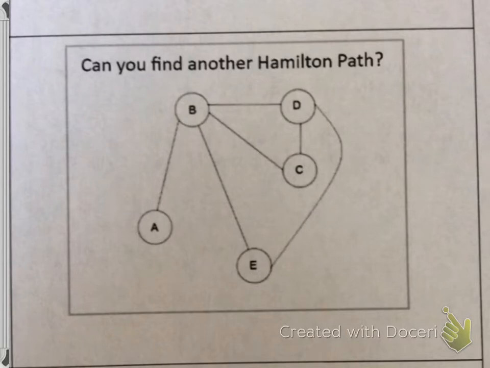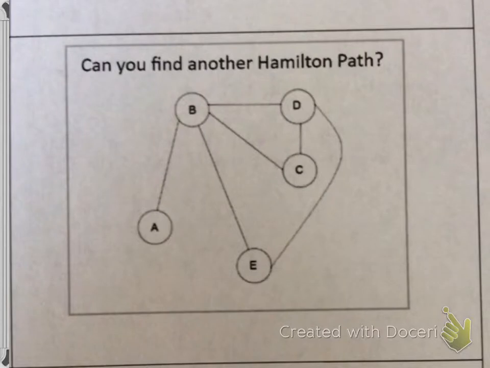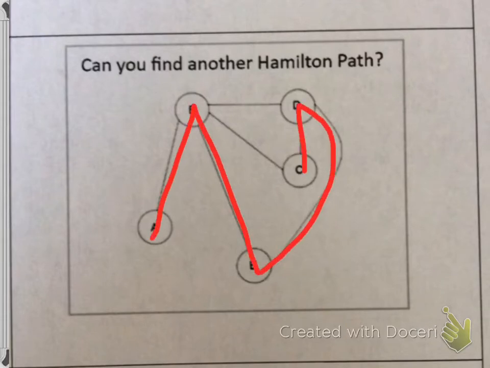So here it says, can you find another Hamiltonian path? So let's look and see what we can do. Before on this path they did A, B, C, D, E. So we have to do something different than A, B, C, D, E. So let's maybe try A, B, E, D, C. Again, we hit every vertex on the route, but we didn't have to hit every edge.